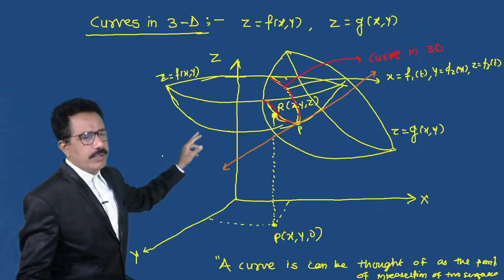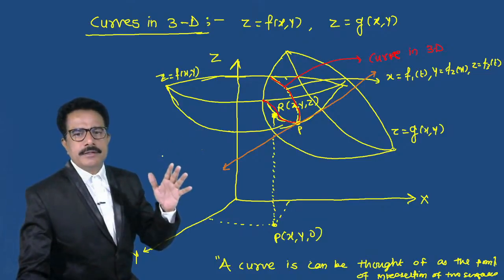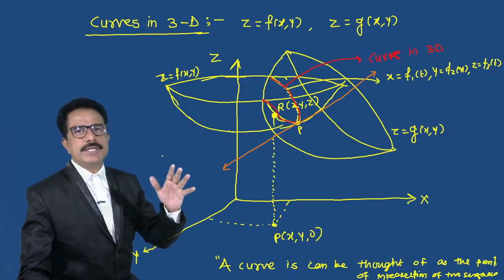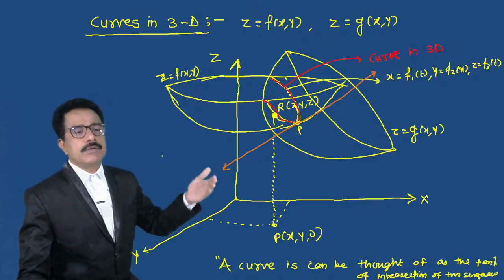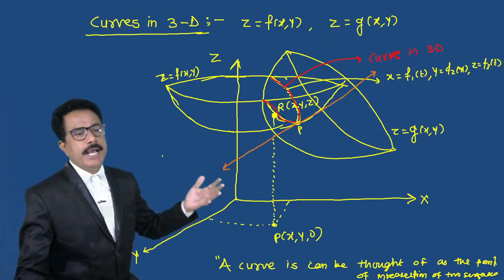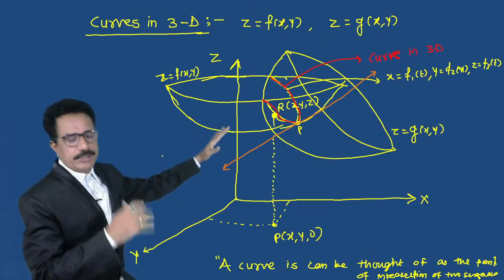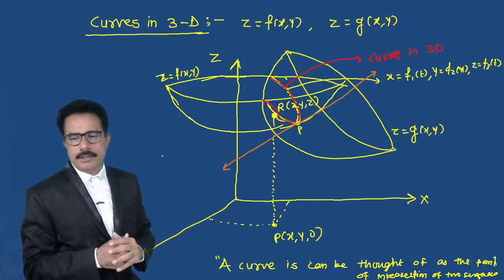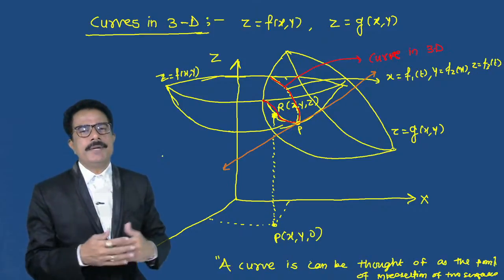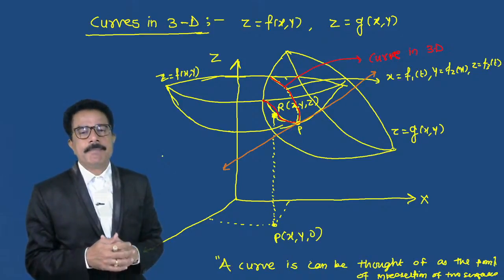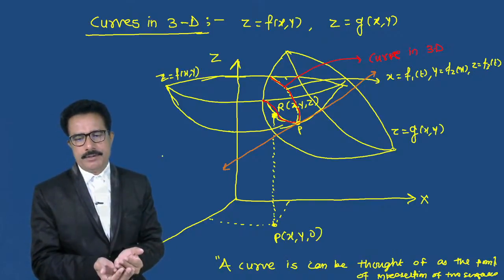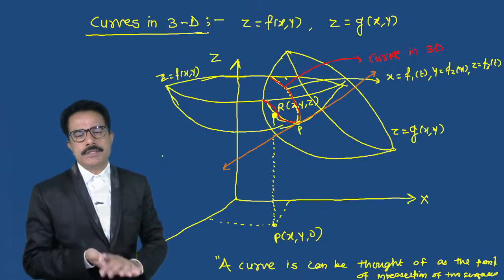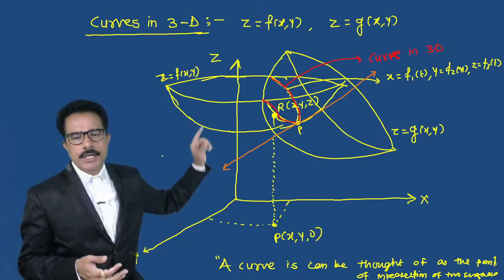In the last lecture we have seen the concept of a partial differential equation belonging to the curves in three-dimensional geometry, and you know that the curves in three-dimensional geometry are the intersection of two surfaces.